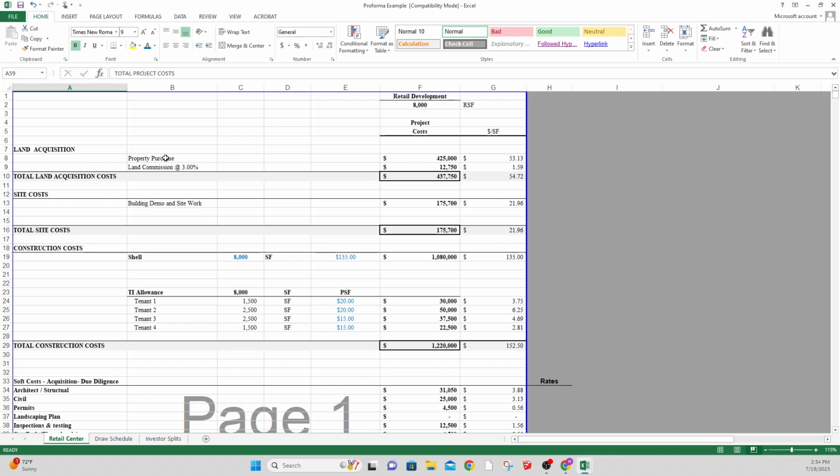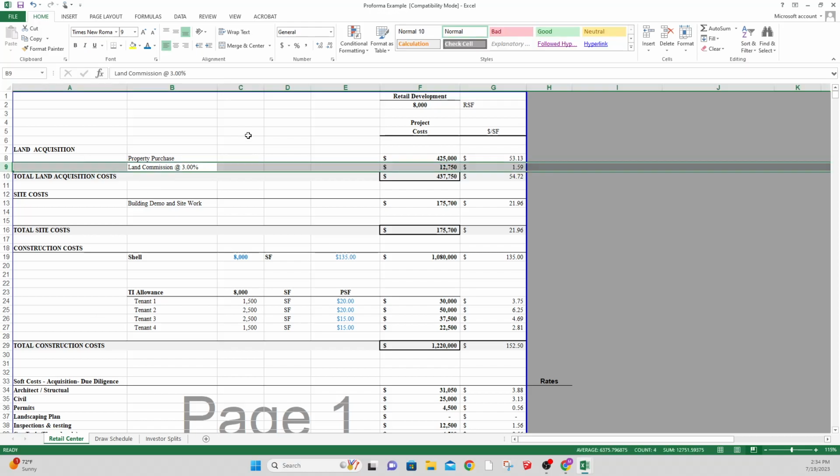For example, if there's a property purchase price, that's our assumption. Let's say we're going to pay the commission of the person representing us outside the deal. We'll make sure that gets collected in the land acquisition bucket. This is really about making sure your buckets are correctly defined, and that you're not double counting things in here.